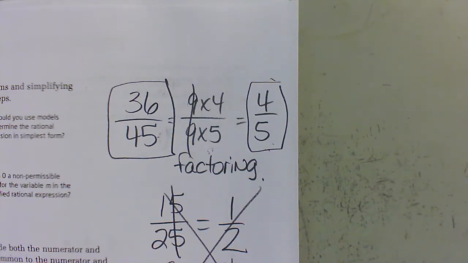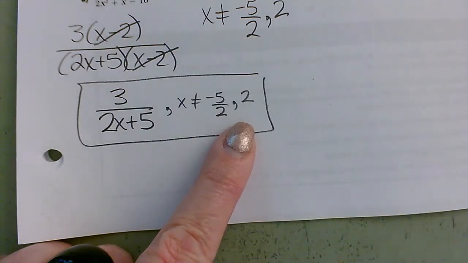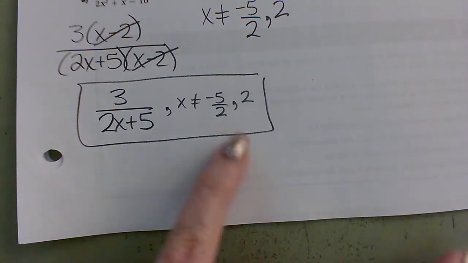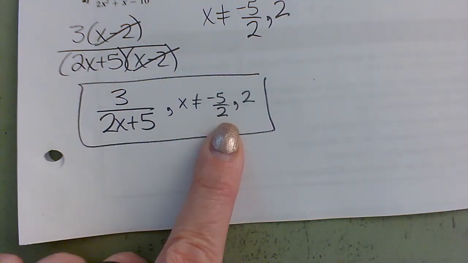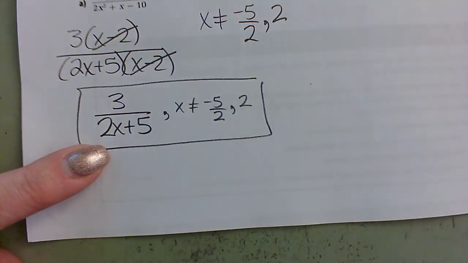Could it have been something else? Yeah. But when I write my restrictions, is there any possibility that you could guess what the original question is just by telling you this is my restriction? Yes, it could, because they're going to ask you that in the assignment.